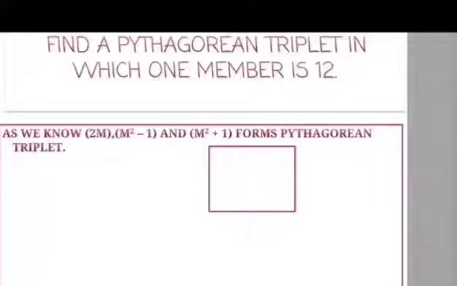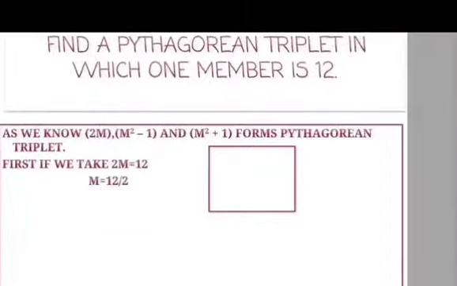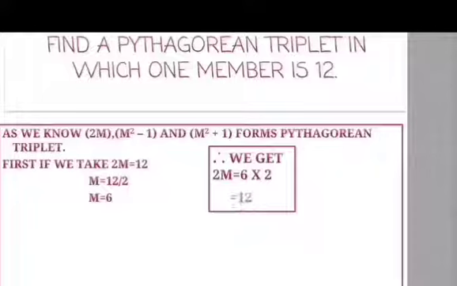In such a case, we always assume our given member as 2m, as earlier we have assumed that 2m should always be the base of the right angle triangle. When we assume 2m as 12, the value of m will become 6. Or we can say we get 2m, that is 6 multiplied by 2, equals 12.